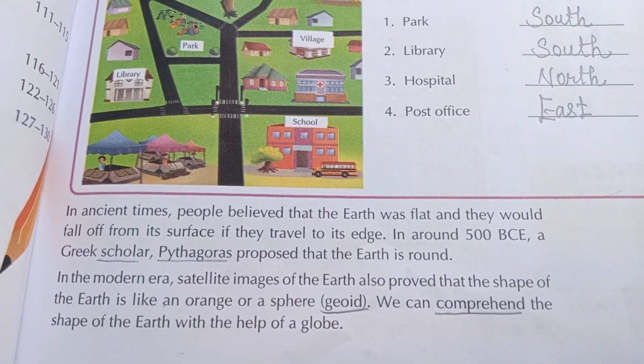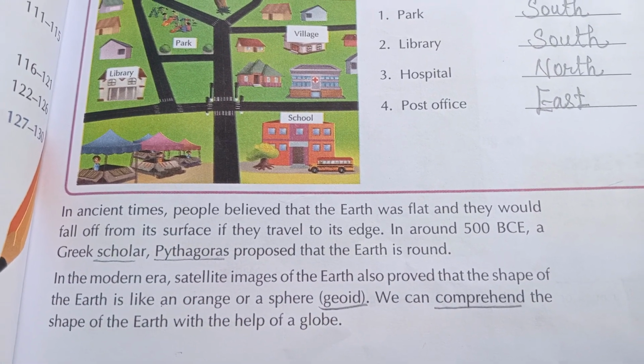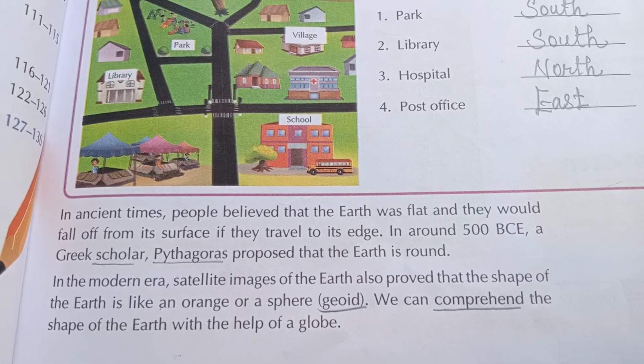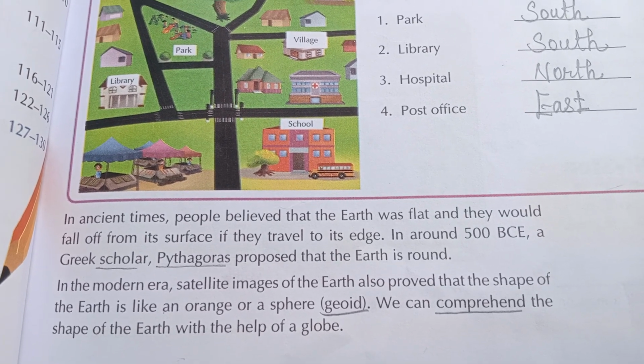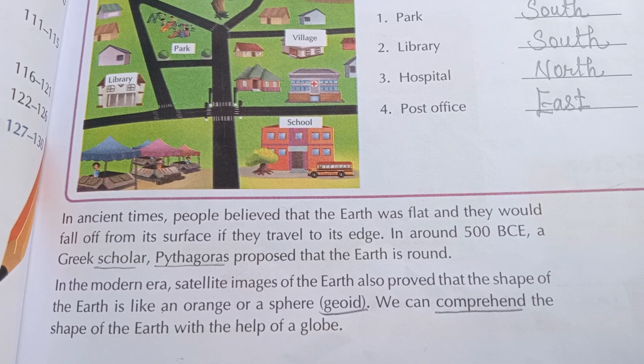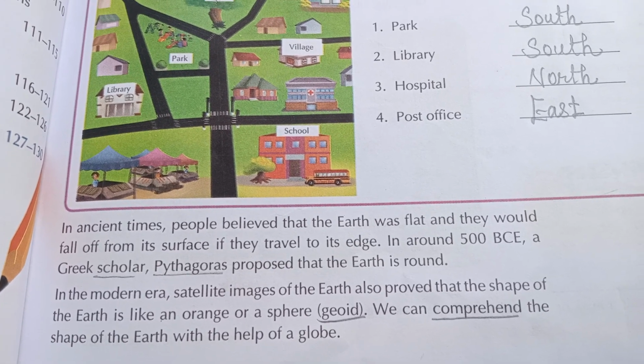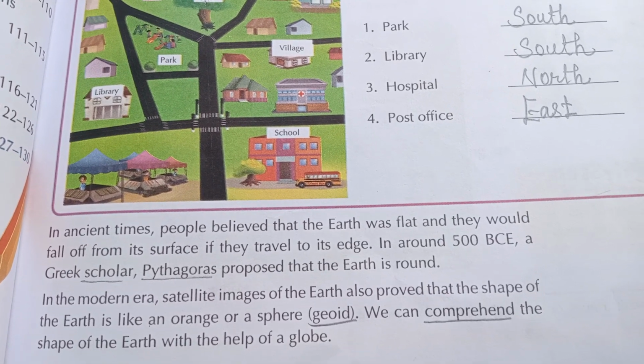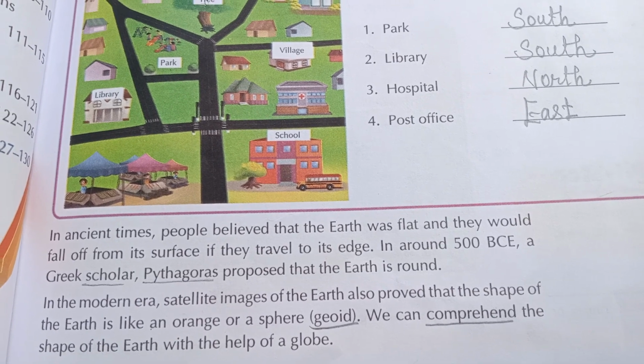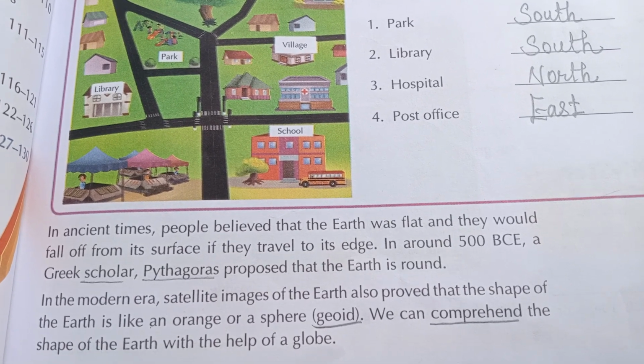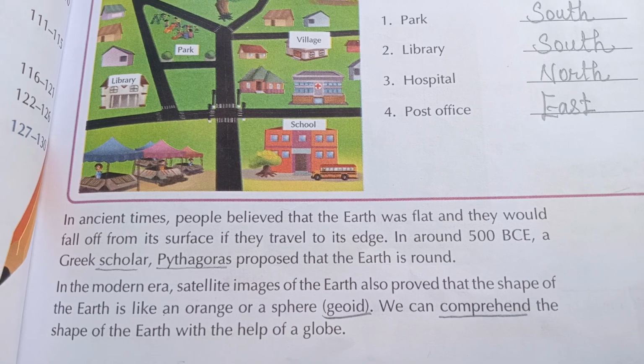In ancient times, people believed that the earth was flat and they would fall off from its surface if they traveled to its edge. In around 500 BCE, a Greek scholar, Pythagoras, proposed that the earth is round.